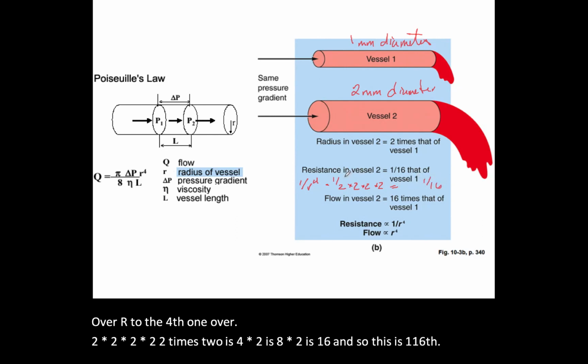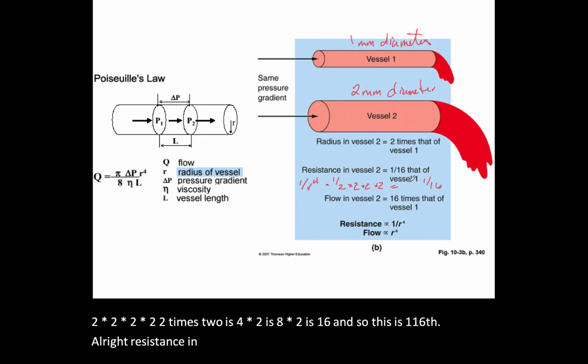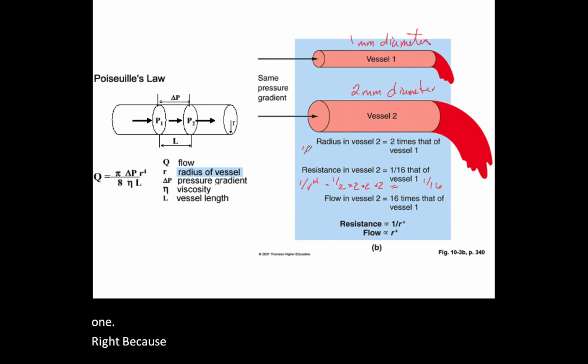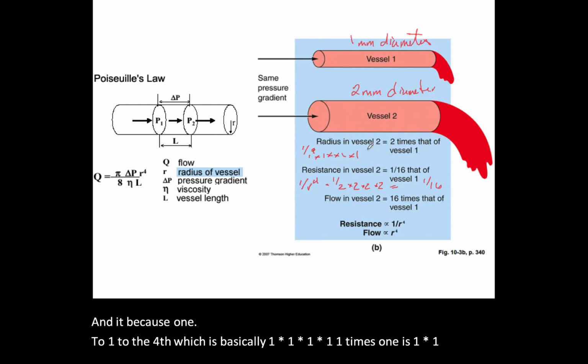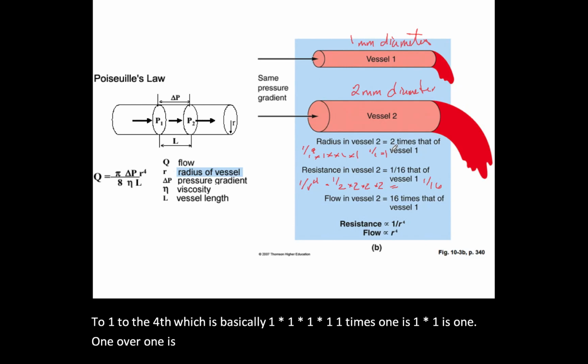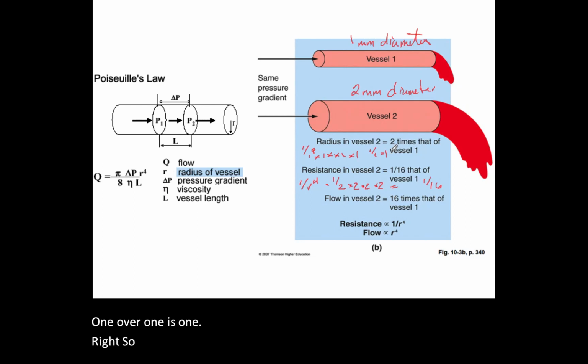Resistance in vessel 2 is 1/16 of what it would be in vessel 1, because 1 to the fourth is 1 times 1 times 1 times 1, which is 1, so 1 over 1 is 1. And so your resistance in vessel 2 is much, much less.